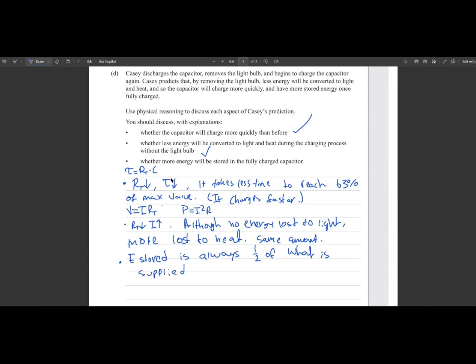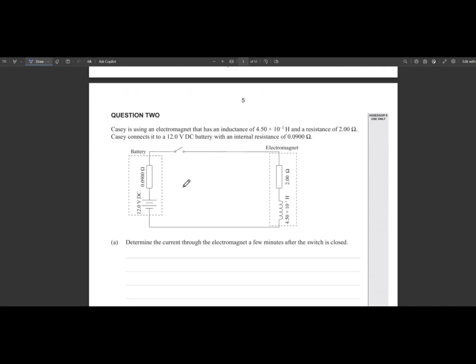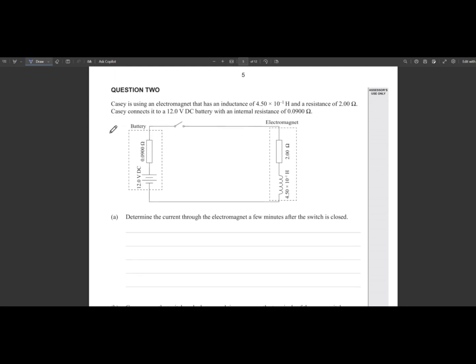And in this case, because our voltage is constant, our supplied energy is constant, right? And so, no, the same amount of energy will be stored by the fully charged capacitor. So, let's move on to the next one.